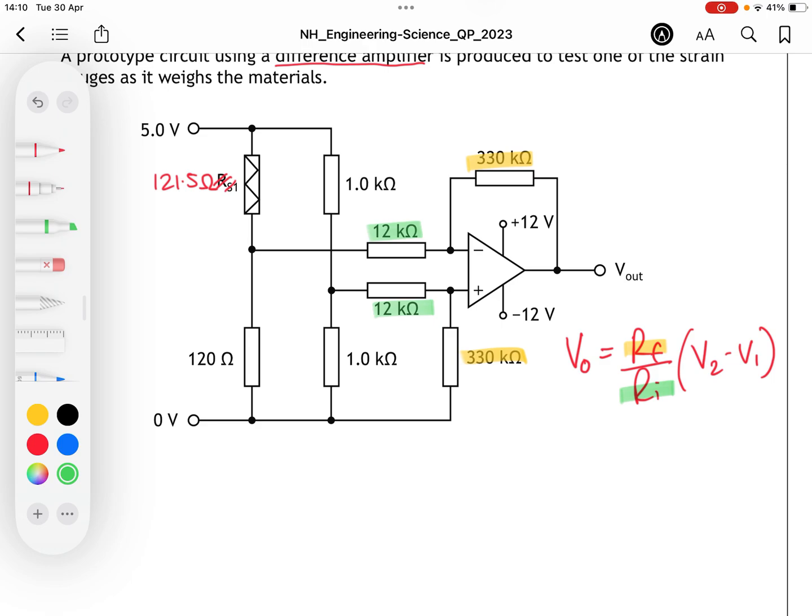So I'm going to work out the voltage at this part and the voltage at this part. I'll use a different colour for that one, sorry. And then I can put those into my equation, and that should be everything. It's going to be a little bit tricky here because I'm going to be jumping backwards and forwards between the pages, but if this was in front of you in the exam, this would just be laid out.